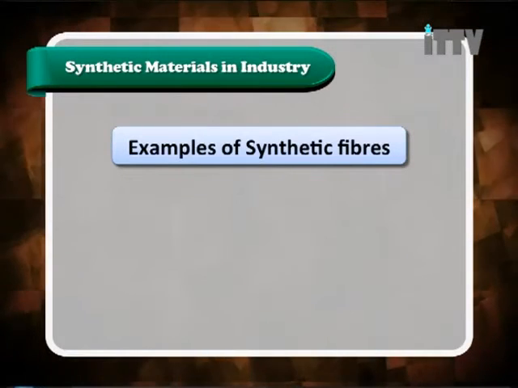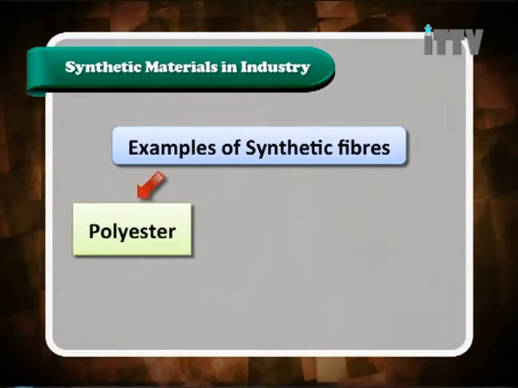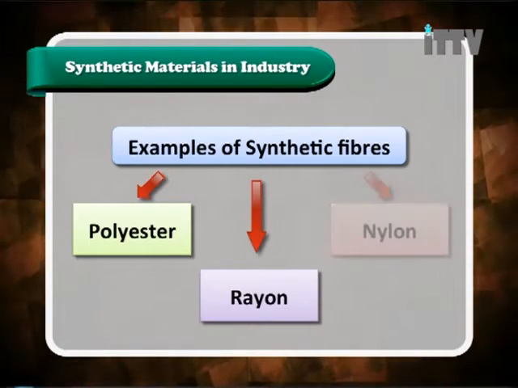Here we have seen synthetic fiber and its characteristics. This makes it special. That's why it's called a synthetic polymer. Let's look at some of the examples of synthetic fiber. Examples of synthetic fiber are polyester, rayon, and nylon. So we have learned all the synthetic polymers.